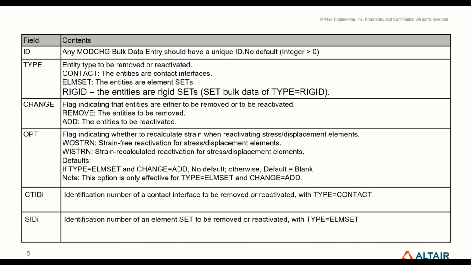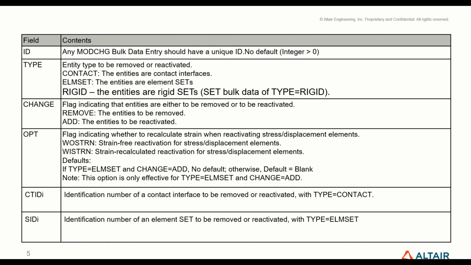First is the contact, meaning the contact interference can be selected here, and then element set and rigid sets. In the rigid sets, we can select the rigid elements for activating or removing the contact.